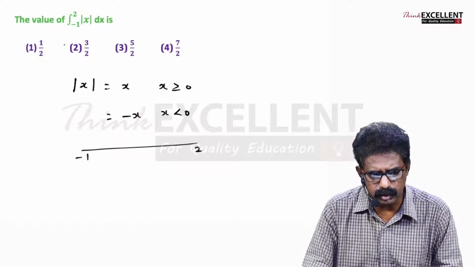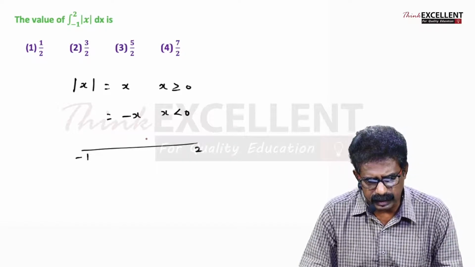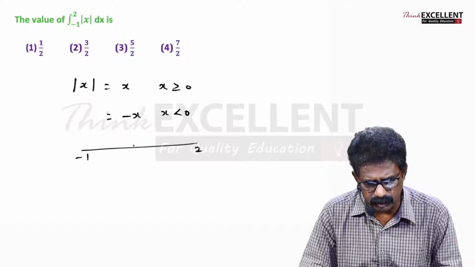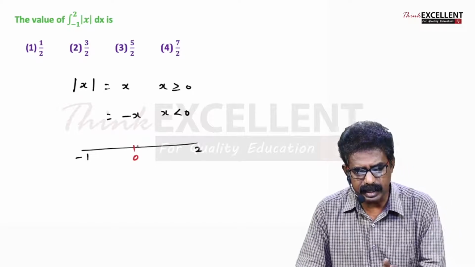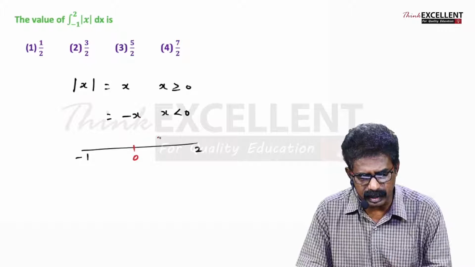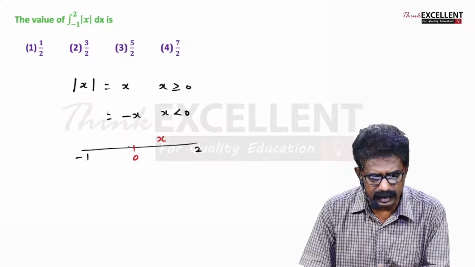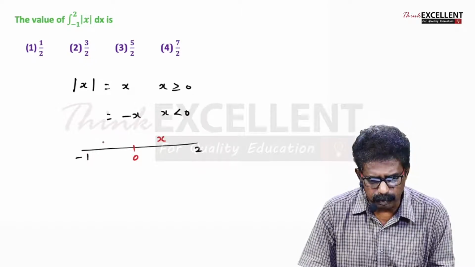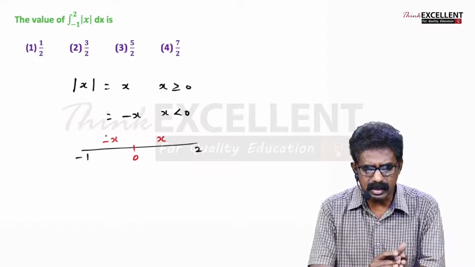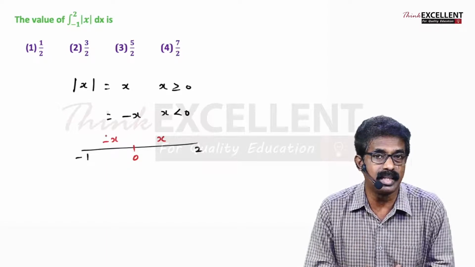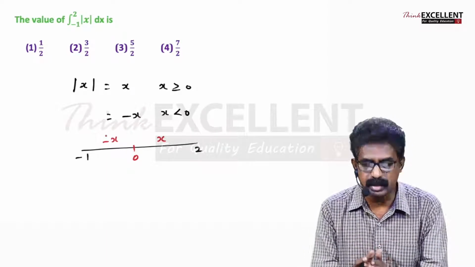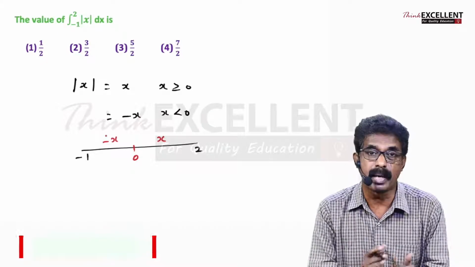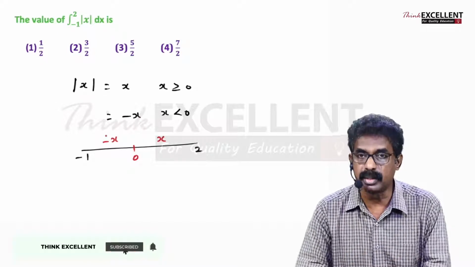When x is greater than or equal to 0, 0 is somewhere here, modulus x is x, and when x is less than 0, it is minus x. So from minus 1 to 2, we don't have a single function. It breaks at 0, so it is split into two: minus 1 to 0 plus 0 to 2.